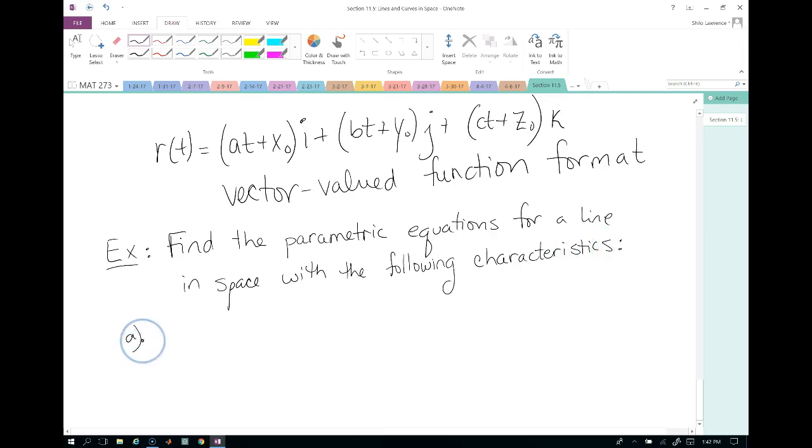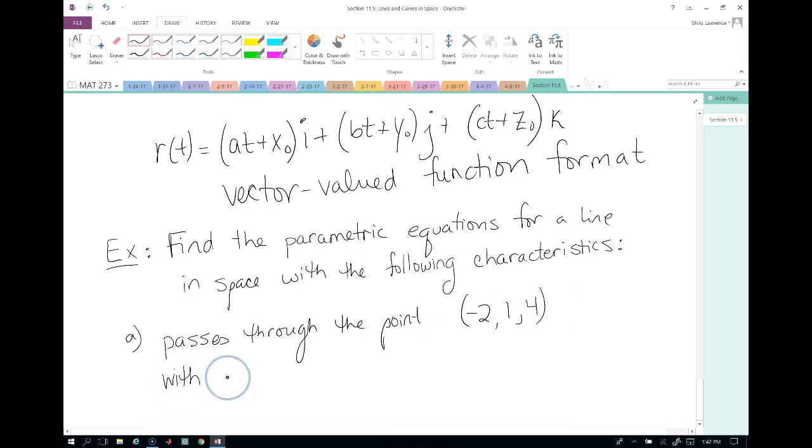The first one we're going to try, we have a line that passes through the point (-2, 1, 4), and it's got direction vector v equals <1, 3, 2>.